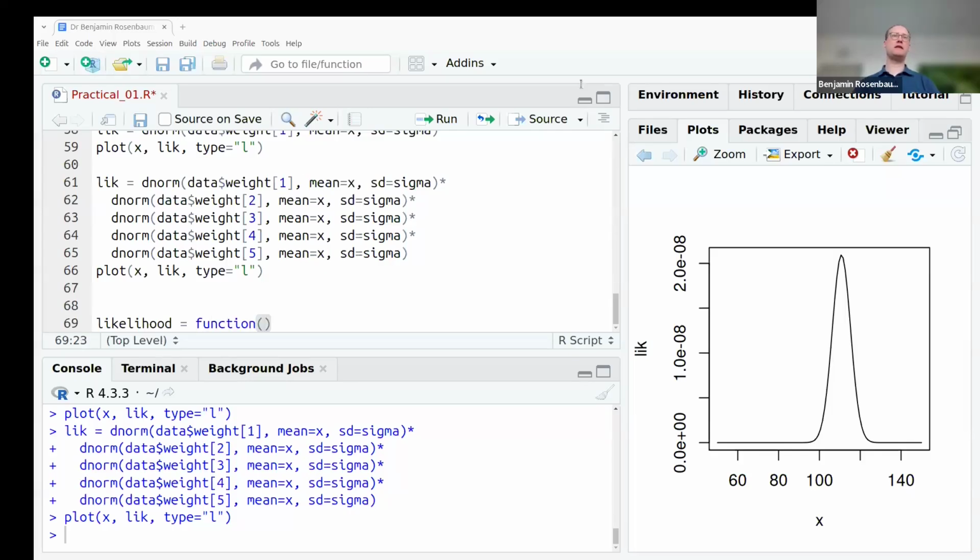The function basically does the same as this, but in should go parameters and the data.